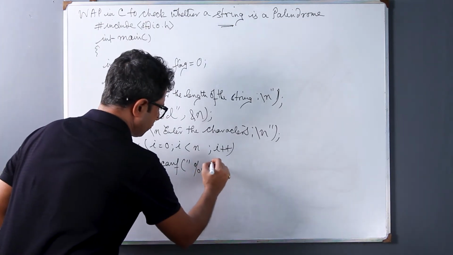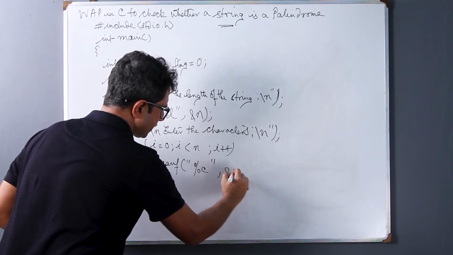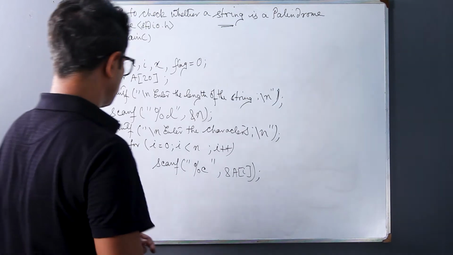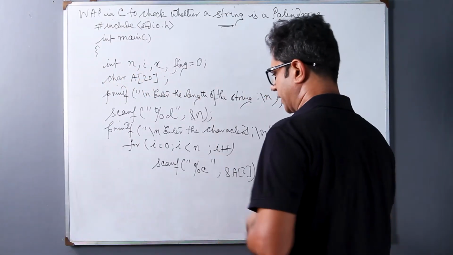So %c is the format specifier, ampersand A[i]. That is quite a usual way of taking the input.